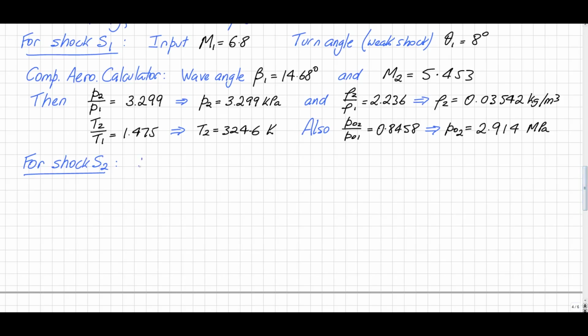So therefore our input Mach number, which is now M2, the Mach number upstream of the shock wave for this second shock, is 5.453 from up here. Our turning angle is again the weak shock solution, and now we've got θ2, and we said that the second surface deflects the flow through an additional 10 degrees.